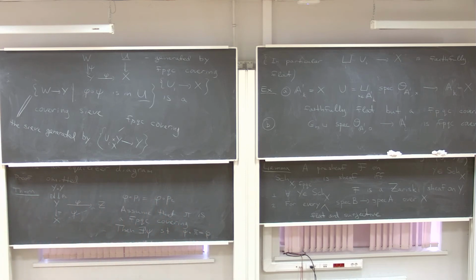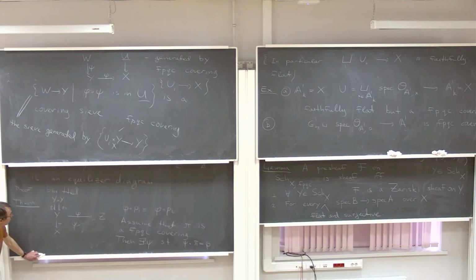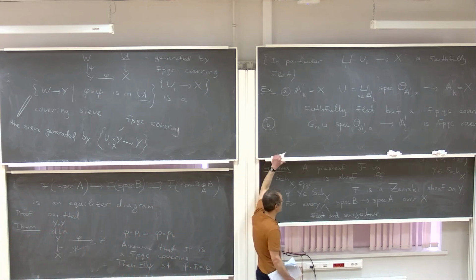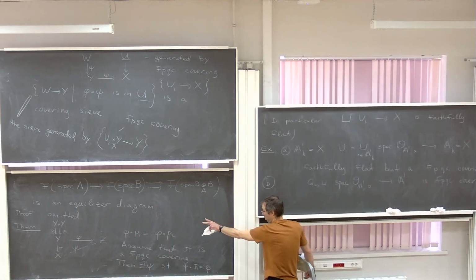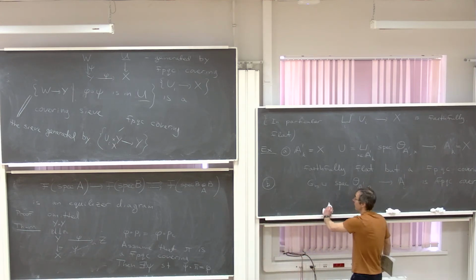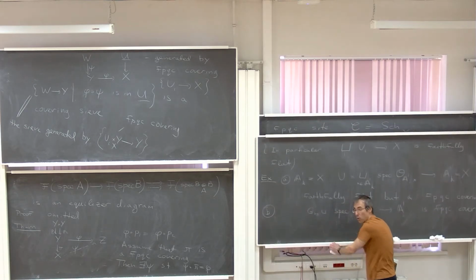Okay? So this is one application of faithfully flat descent. So here is another application, though, and well, I'm going to prove this theorem. That's not a formality, but I will derive it from a more general statement.